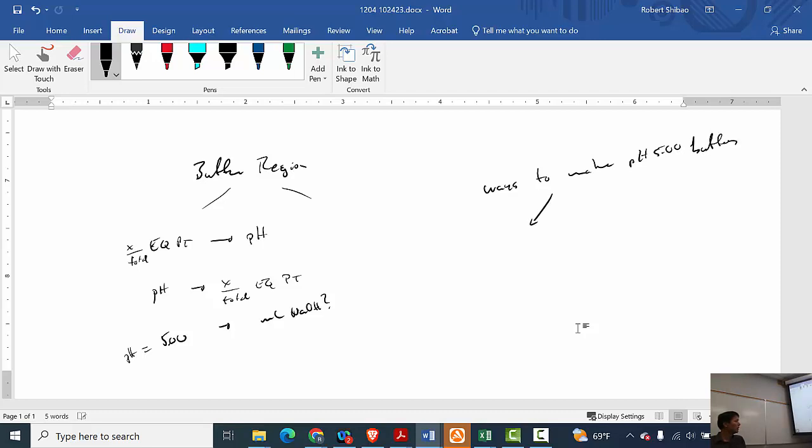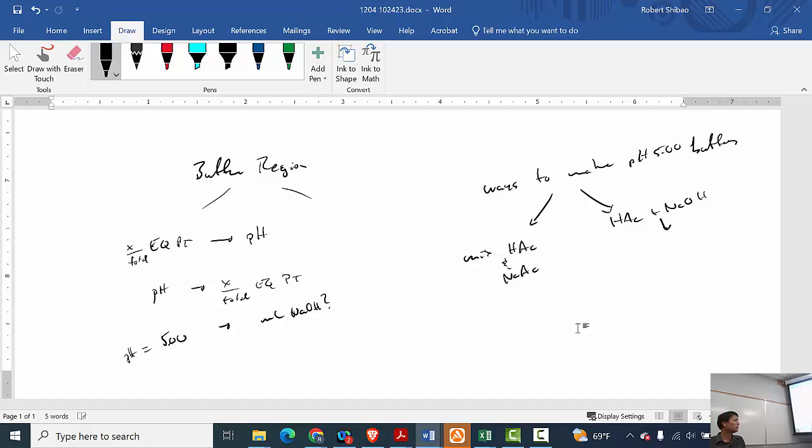One way is just to mix acetic acid, HAc, with sodium acetate. The second way is to do a titration, an HAc plus sodium hydroxide titration. Essentially that just makes the sodium acetate, and we just need to make the right amount of sodium acetate.